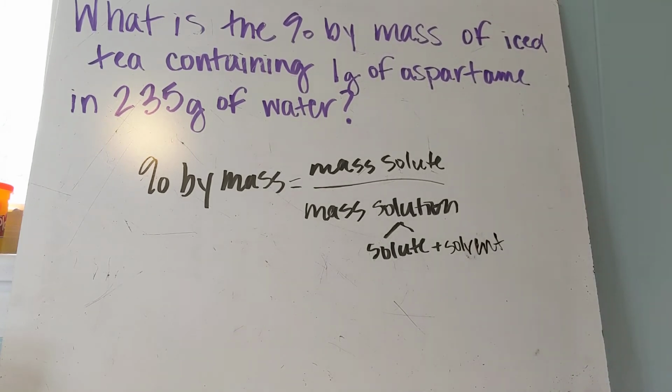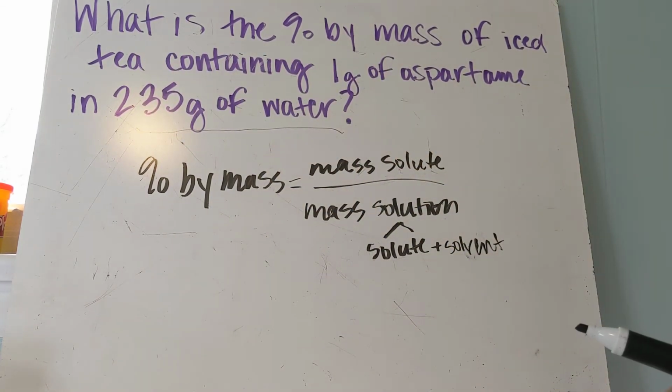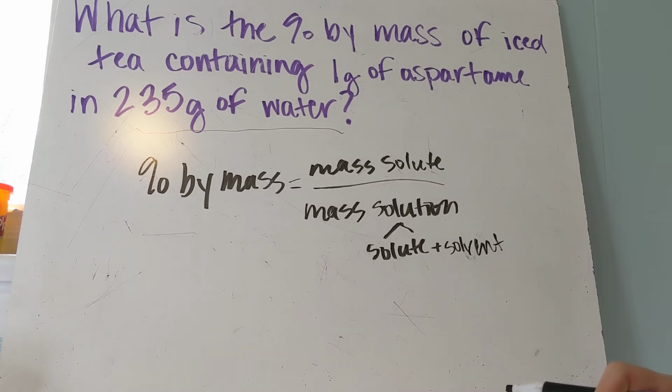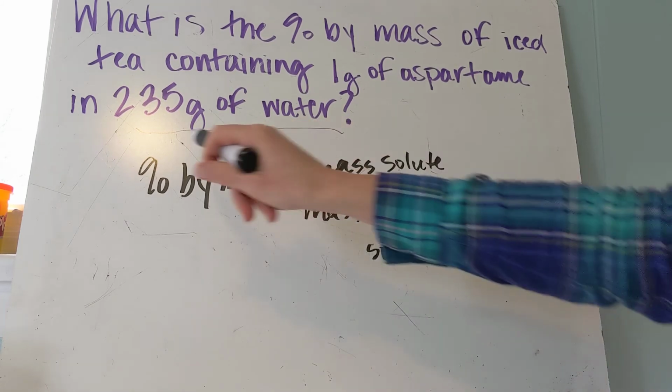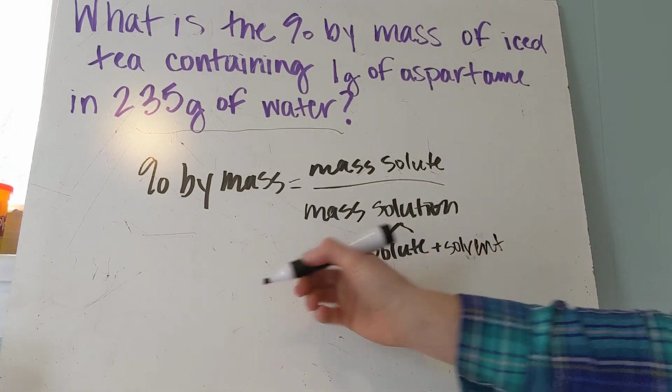Okay, so this gives me the mass of my solute, and let's look up here. 235 grams of water. Water is my solvent. It is not the entire solution. So I'm going to need to, on this bottom part, add my 235 to my 1 gram of aspartame.